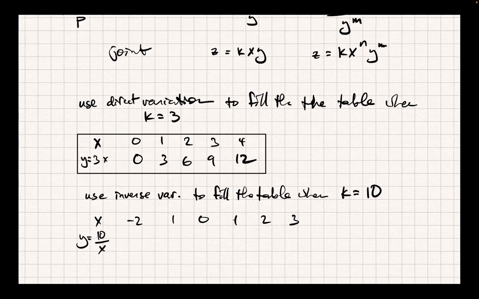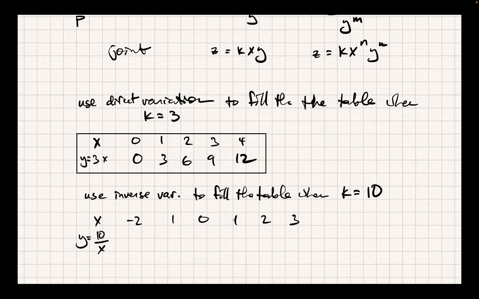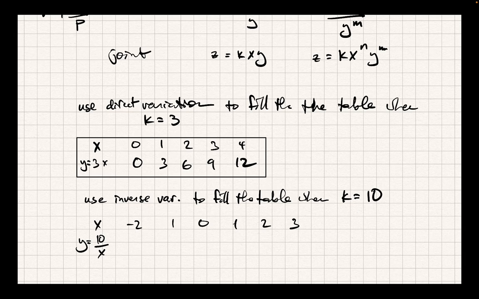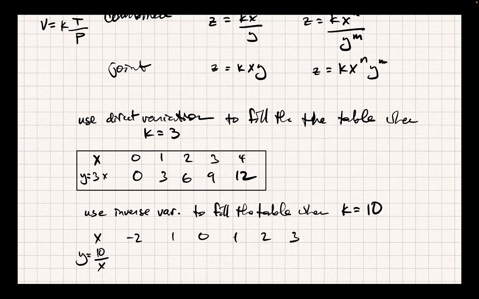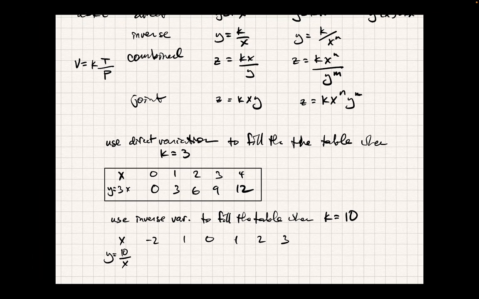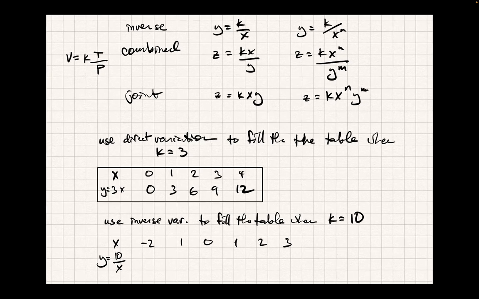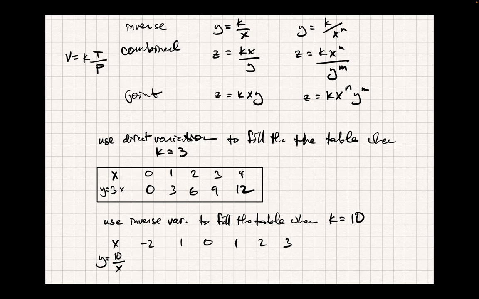So y equals kx, right? No, oh wait, y equals 10 divided by x. Yeah, I'm using inverse variation when k is equal to 10. Wait, can you show the work behind 10 if y equals 10 over x? It's just y equals k over x for inverse variation, and you just plug in k.